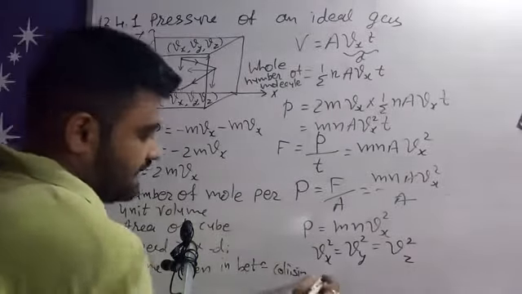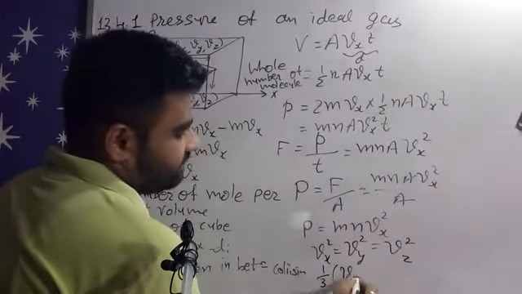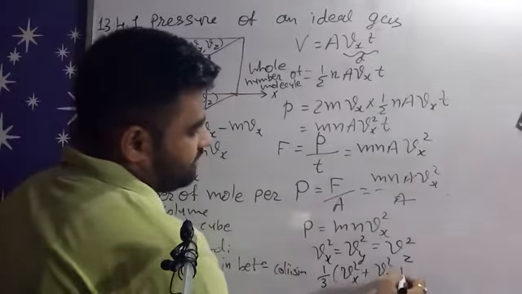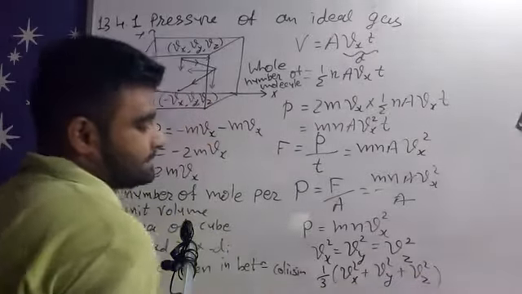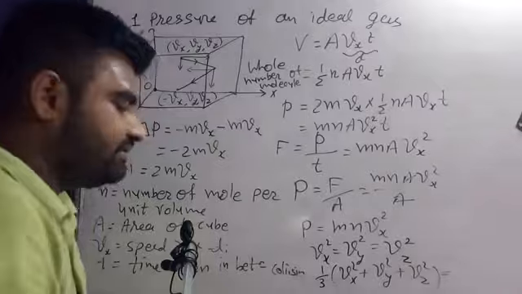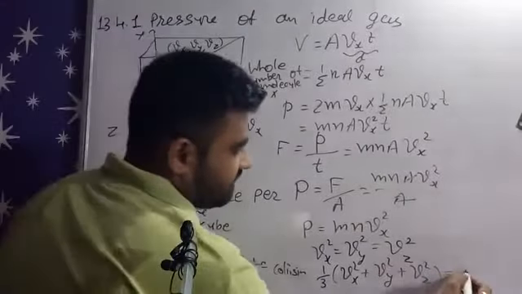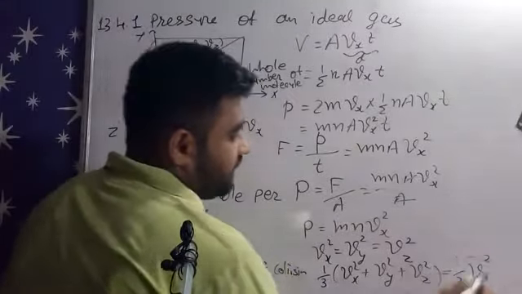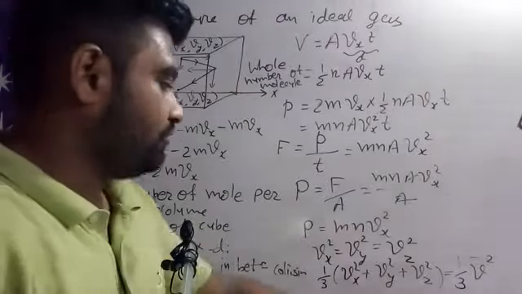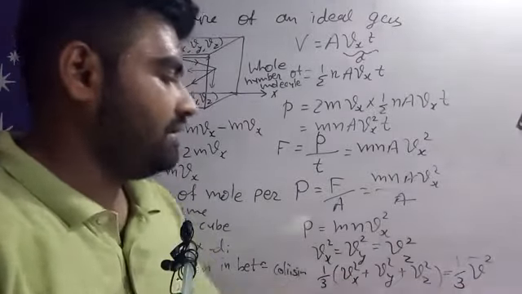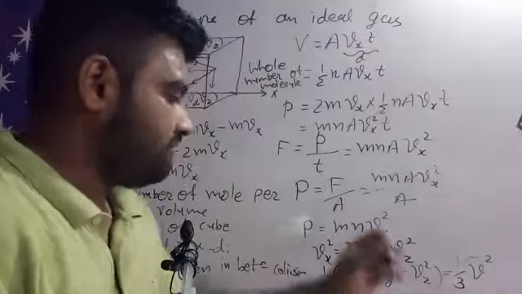Then I can write 1 by 3 (vx square plus vy square plus vz square). If these dimensions are similar, then I can write 1 by 3 of the average of all this. So instead of vx square, we will write 1 by 3 v bar square.